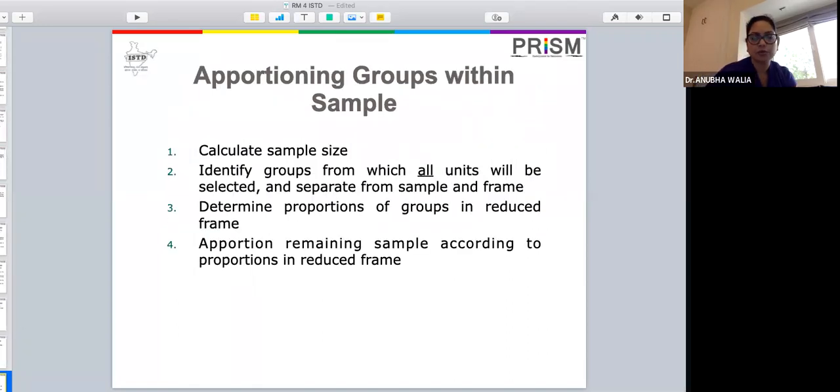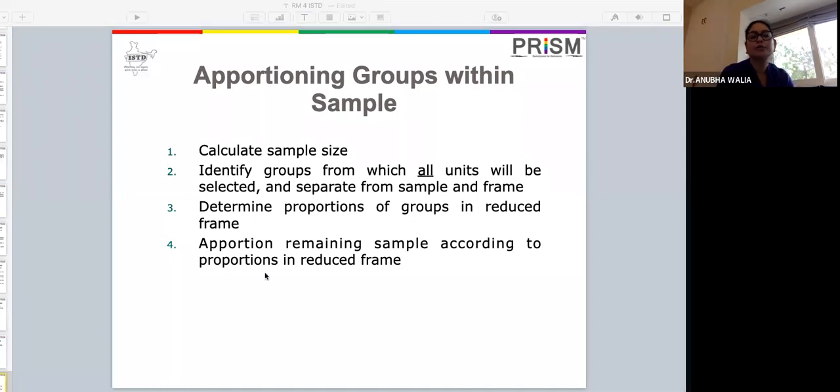So how do we do that? We first determine the sample size, which is probably one of the most important phases in the sampling process. Generally, the larger the sample size, the better the estimation. But a larger sample size cannot always be used, as I mentioned, because of time and budget constraints.